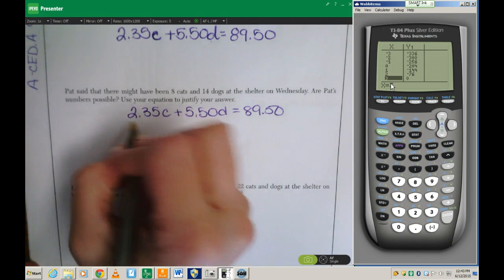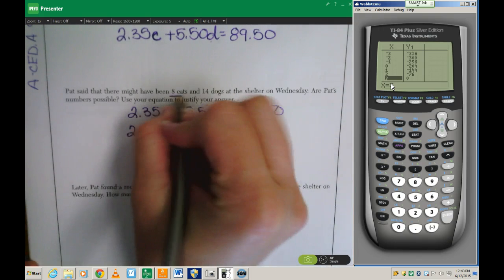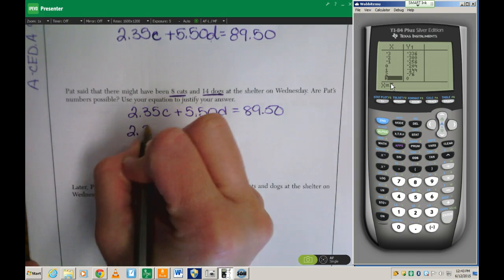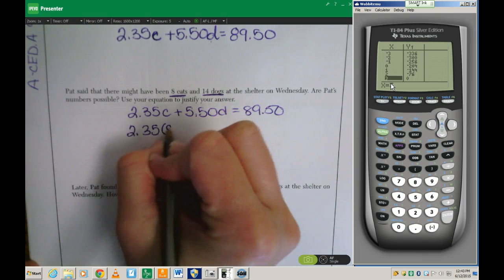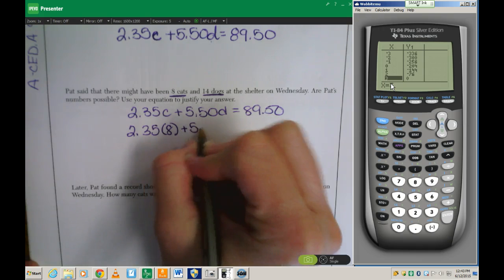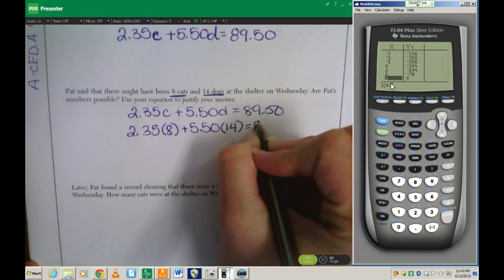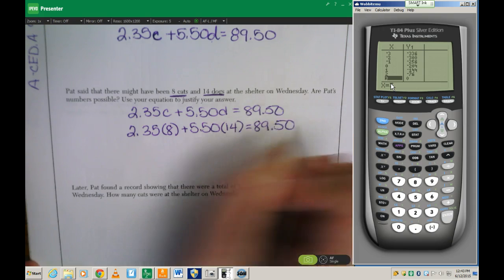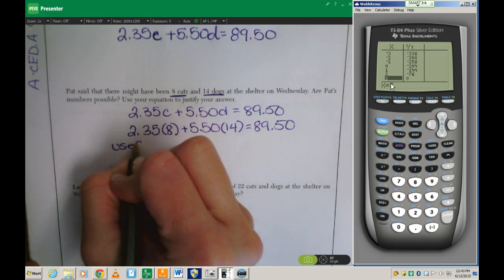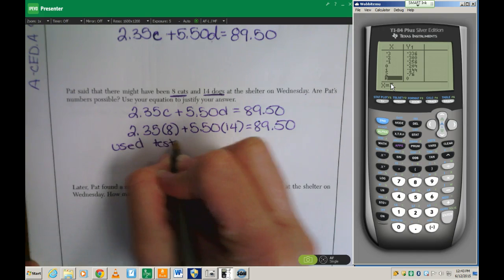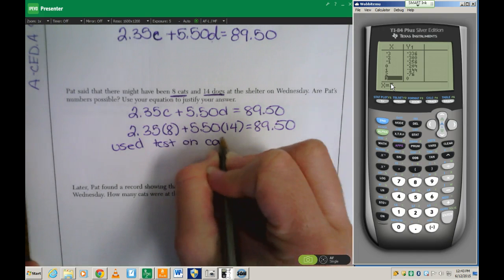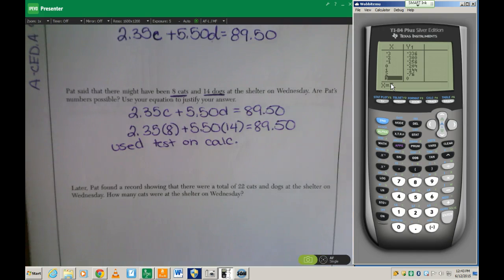But before we do that, let's write in and substitute in 8 cats and 14 dogs. Okay, and I'm going to say used test on Calc. And let me show you how to do that.